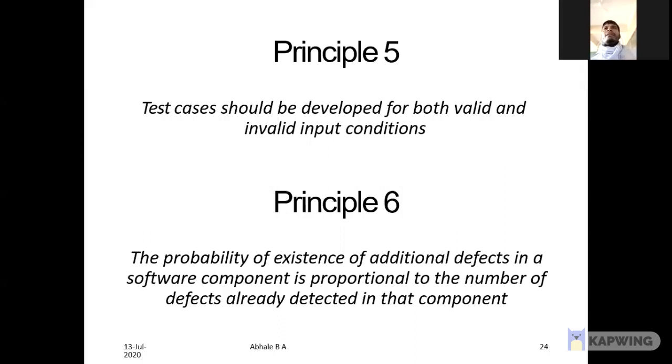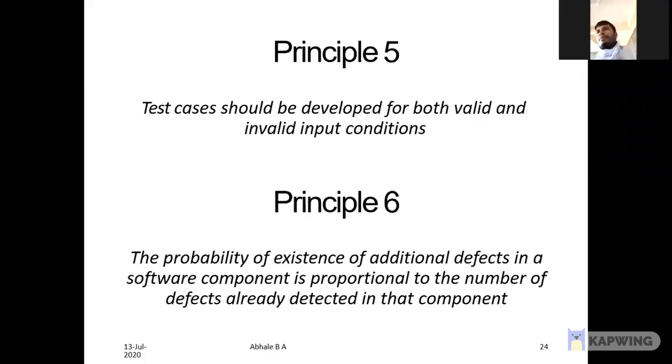Principle 5: test cases should be developed for both valid and invalid input conditions. What happens here with valid and invalid conditions? Suppose I explain the example of your login form. Here are two conditions, username and password. If you give the correct username and correct password as input, what should be the expected result? Login successful. And your actual result is login successful.